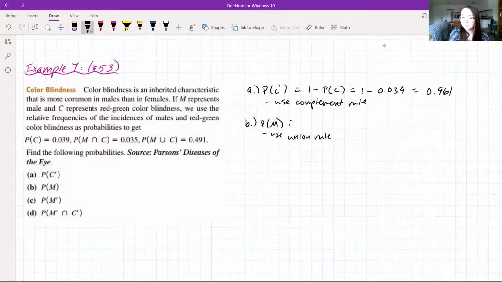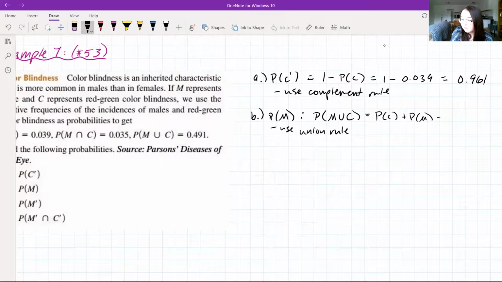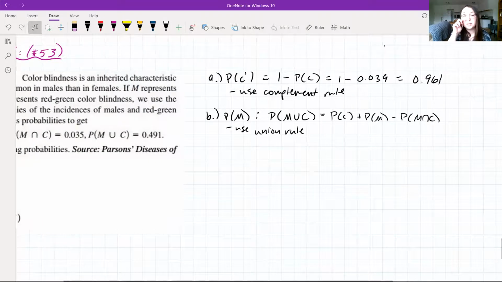So if we want to use the union rule, we know that the probability of M union C is equal to the probability of C plus the probability of M minus the probability of M intersect C. So let's plug these values in.